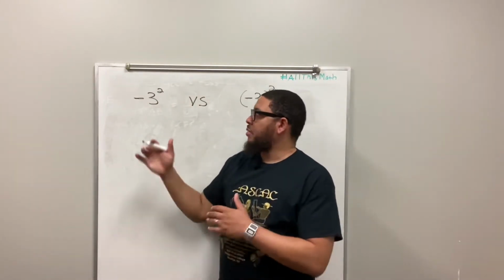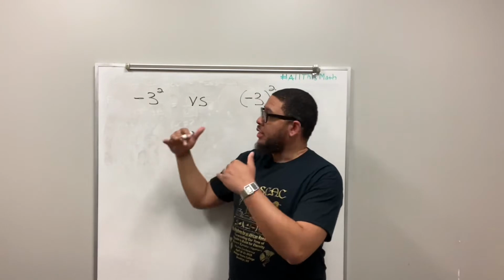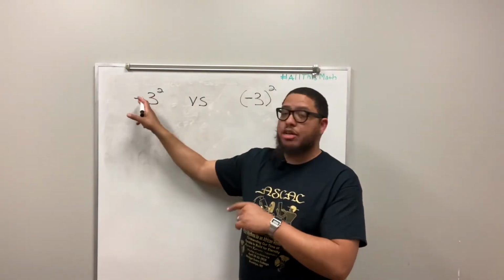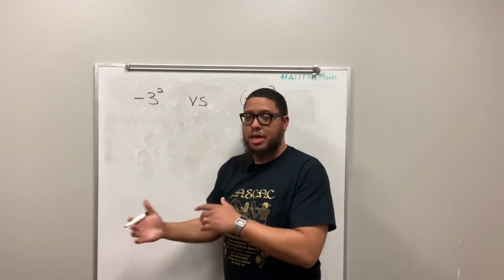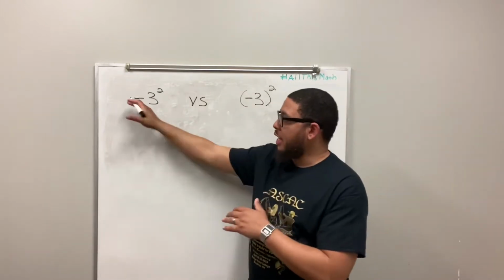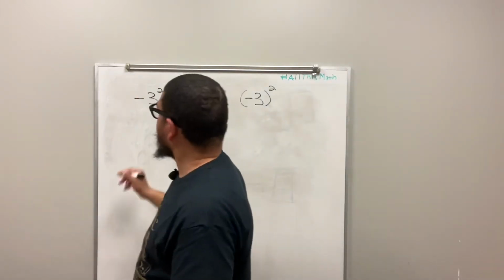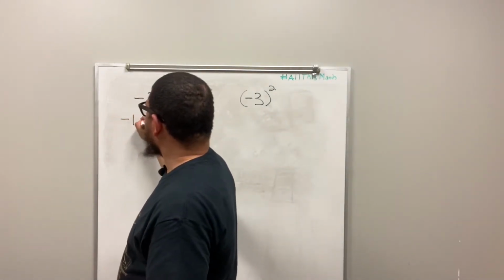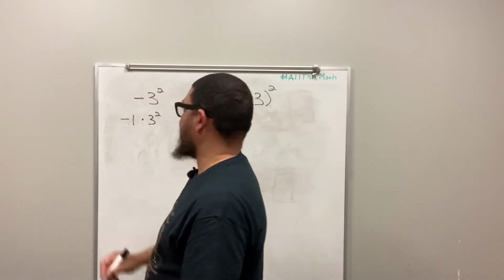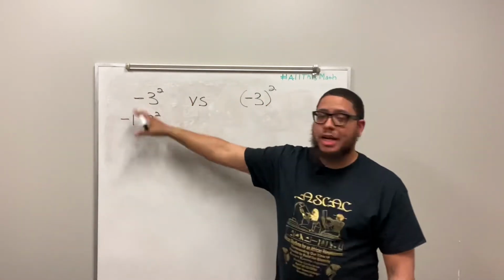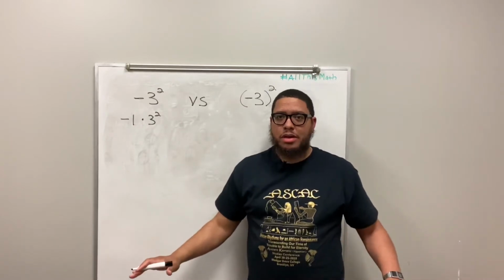This doesn't necessarily mean that this is just a -3. This can also be represented as -1 times 3. So that negative sign really means -1, -1 times 3 squared.